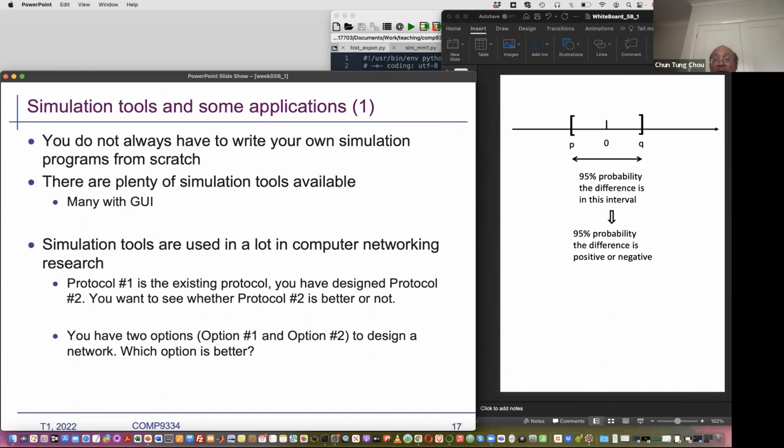You can use simulation to tell whether the one you have designed is better than the one you have now. Another option is that you have two options to compare, 1 and 2, and you can use simulation to help you decide which one is actually a better protocol.